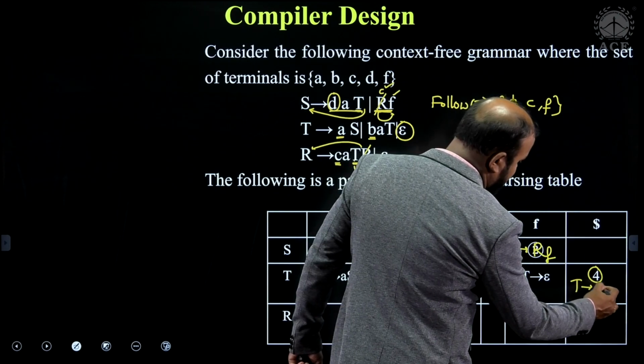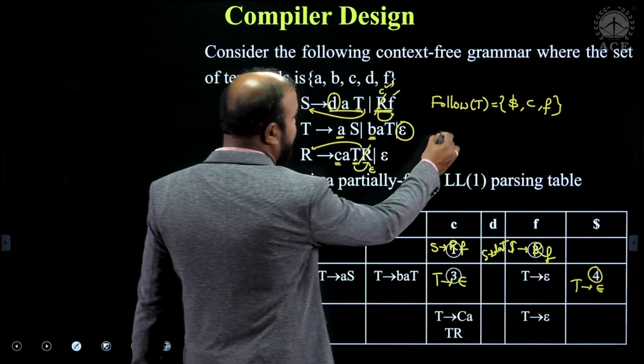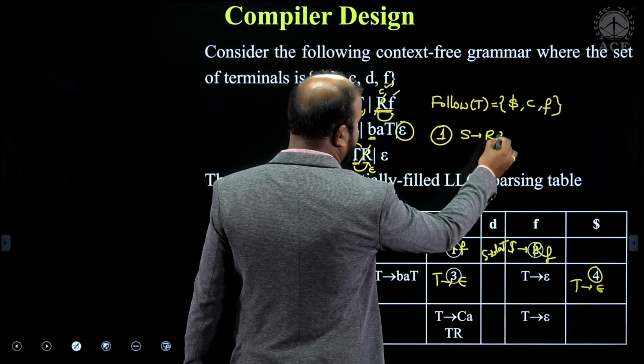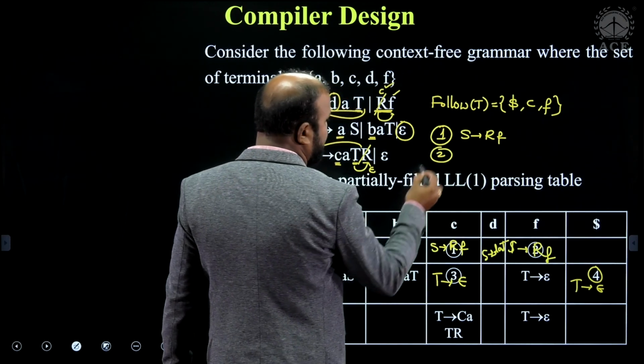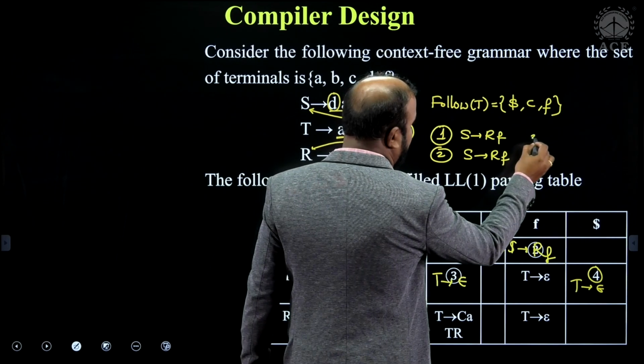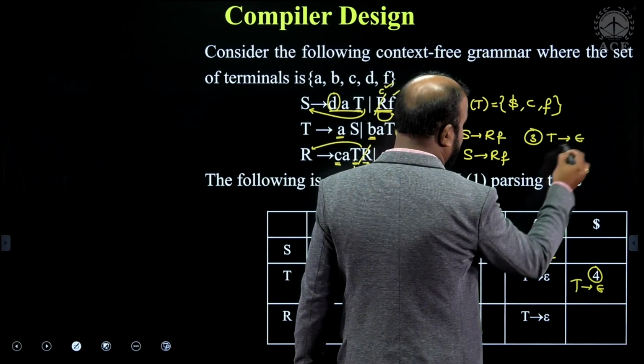T tends to epsilon. Now entry 1, here I am writing, is S tends to RF. Entry 2 is also S tends to RF. Entry 3 is T tends to epsilon.